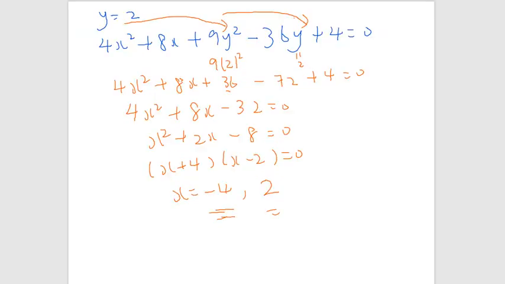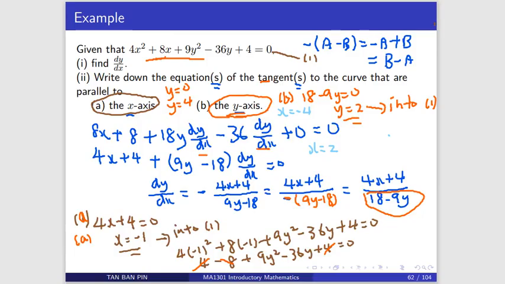So the two tangent lines parallel to the y-axis are x equal to minus 4 and x equal to 2.